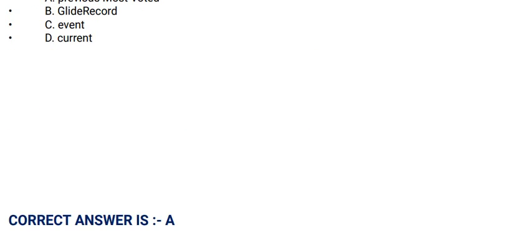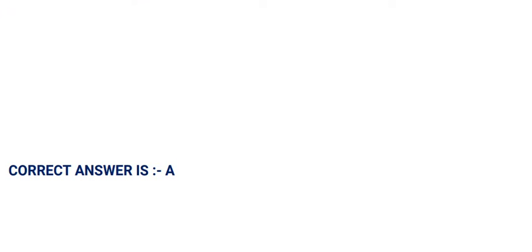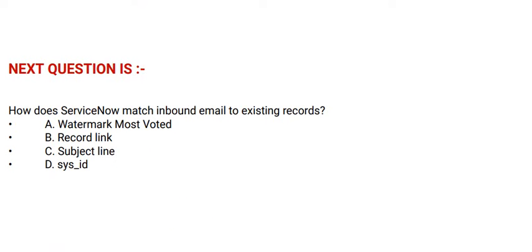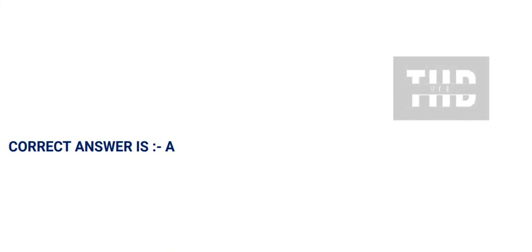And the correct answer is option A. Next question is, how does ServiceNow match inbound email to existing records? Option A, watermark. Option B, record link. Option C, subject line. And option D, sys_id. And the correct answer is option A.